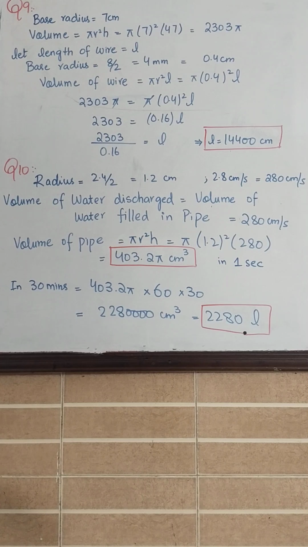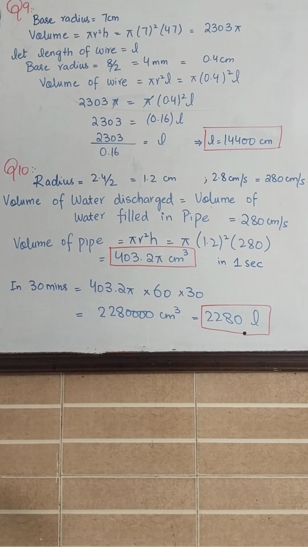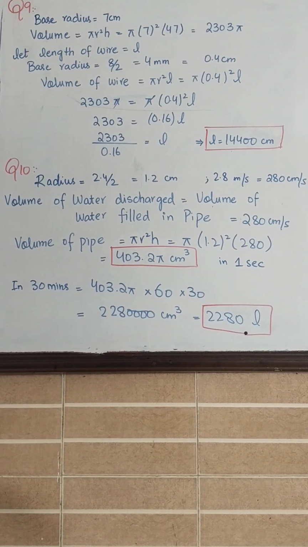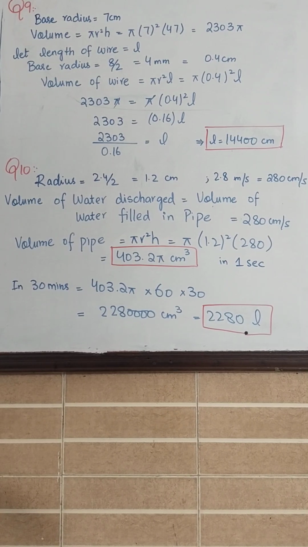Sorry, the discharge rate given is 2.8 meter per second. So I'm converting into centimeter. 1 meter is equal to 100 centimeters, so it becomes 280 centimeter per second.